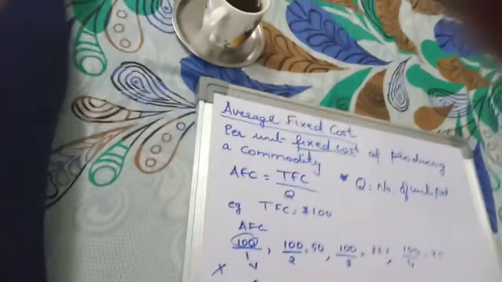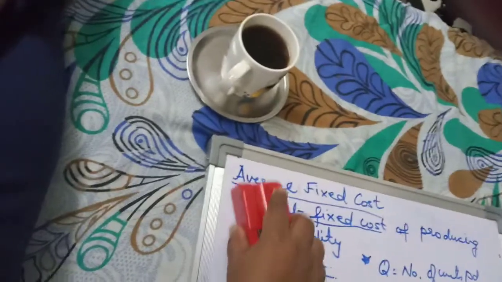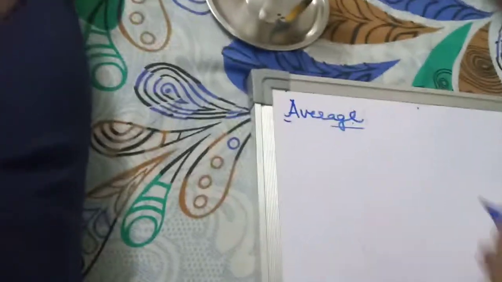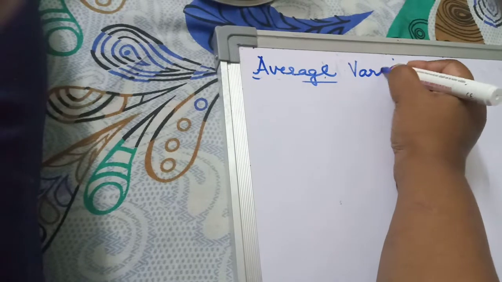Now the next average which we are going to do is average variable cost.